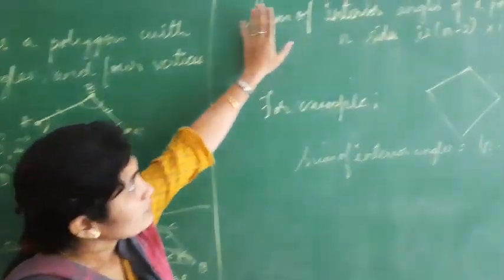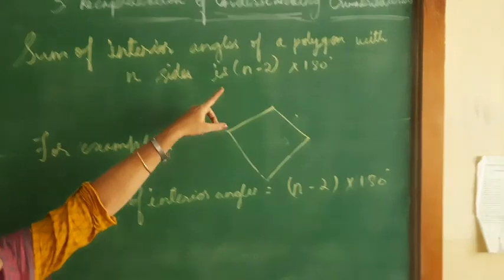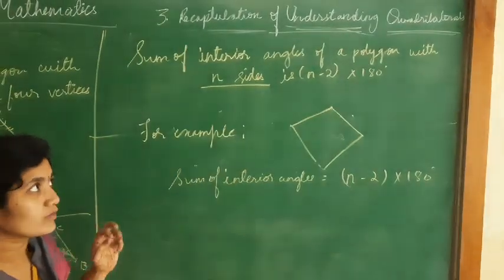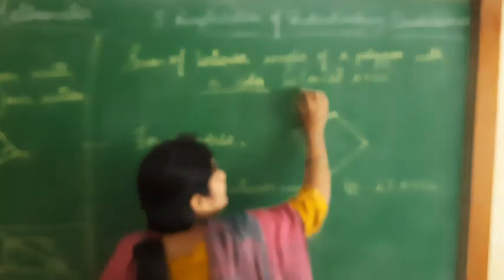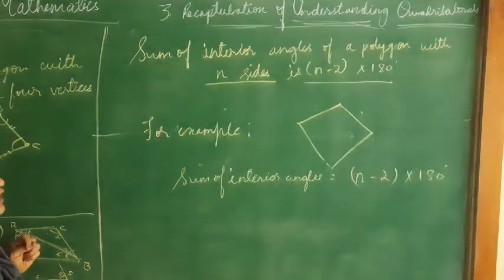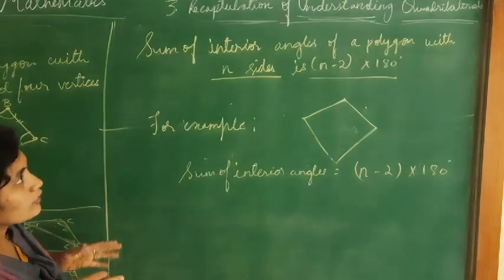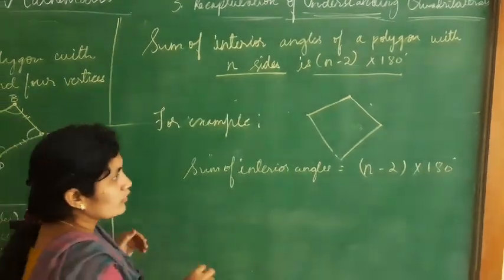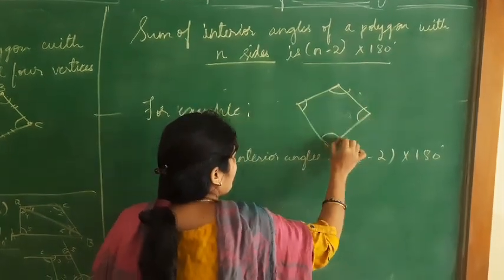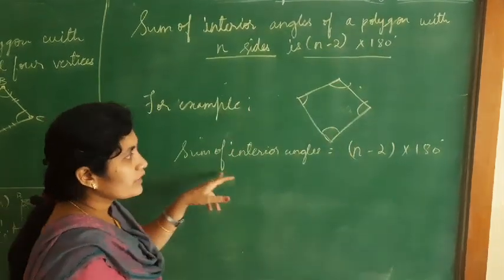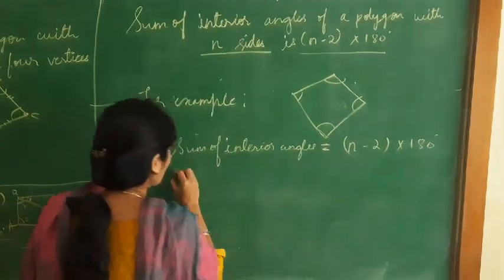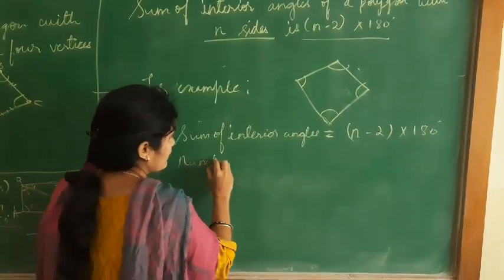Now, the sum of interior angles of a polygon with n sides, if the number of sides is given, then how to calculate? We have a formula, n minus 2 into 180, to find out the sum of interior angles of the polygon. Here a polygon is given which is 4-sided, this is called a quadrilateral. So for the sum of interior angles, you have the formula n minus 2 into 180. What is n? Number of sides.